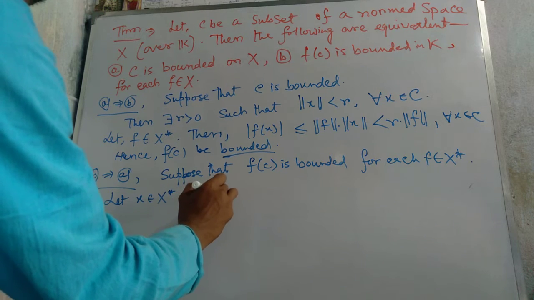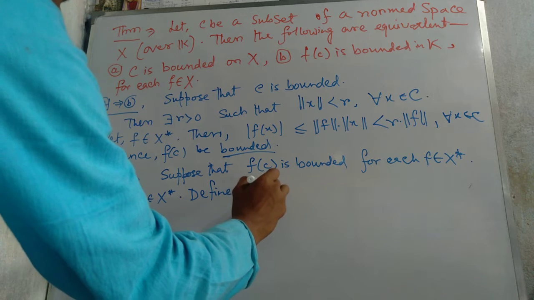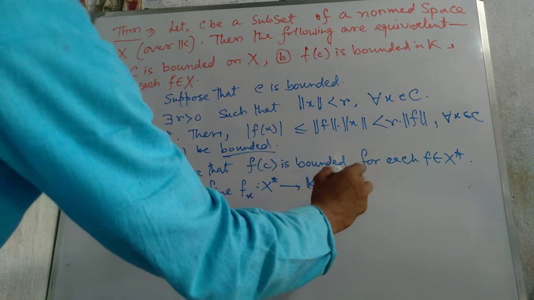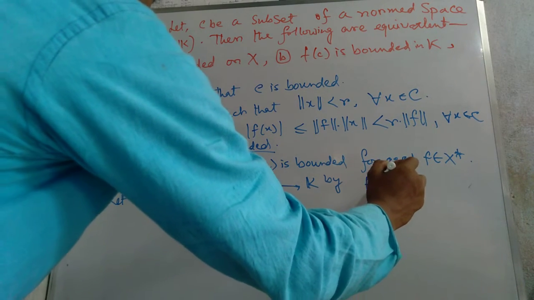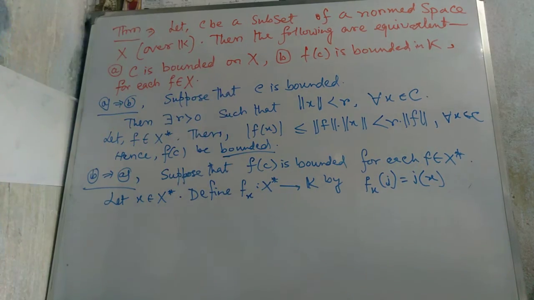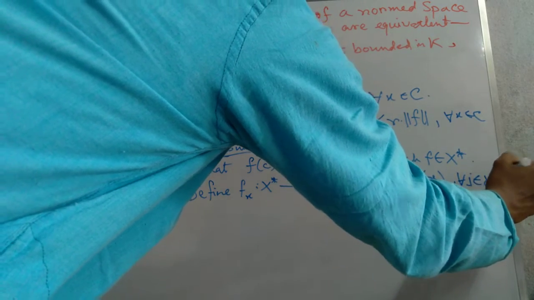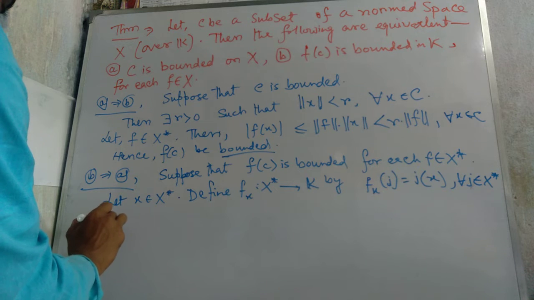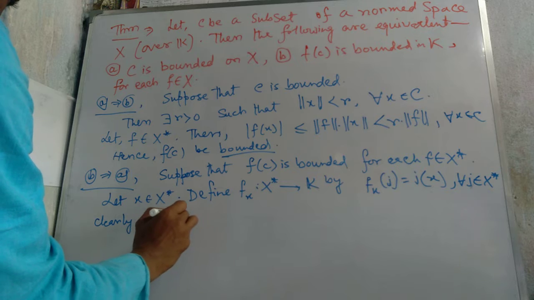Define F_x from X star to K by F_x(j) equals j(x) for all j belonging to X dual. Clearly F_x is linear.